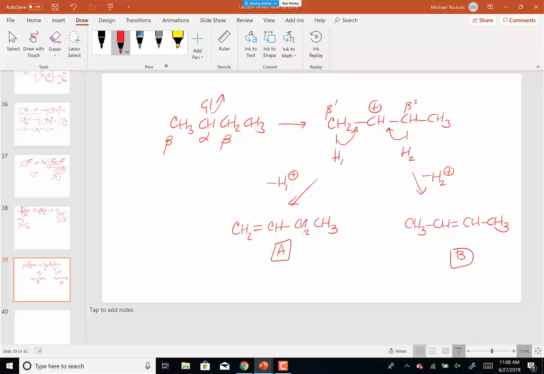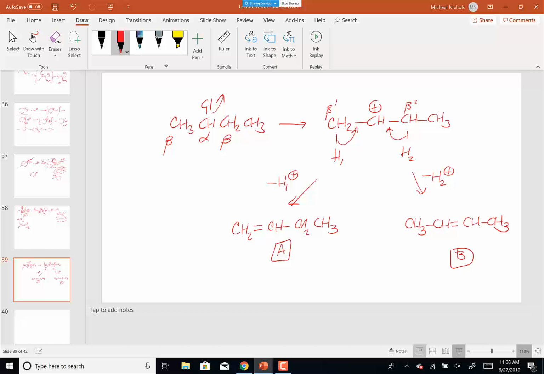And I should take a step back here and say, I'm now going to broaden my definition of 1 and 2 reactions based on whether they go through a carbocation intermediate or not. So all reactions that have a carbocation intermediate, what are they going to be?